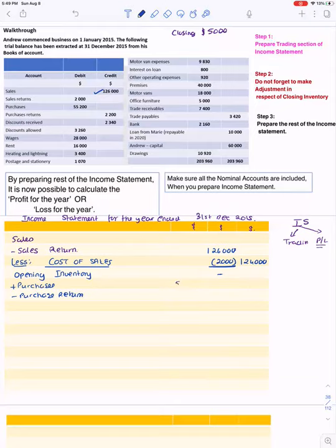Purchases is 55,200 and purchase returns is 2,200. When I deduct the purchase return from the purchases, I come at a figure which is 53,000.